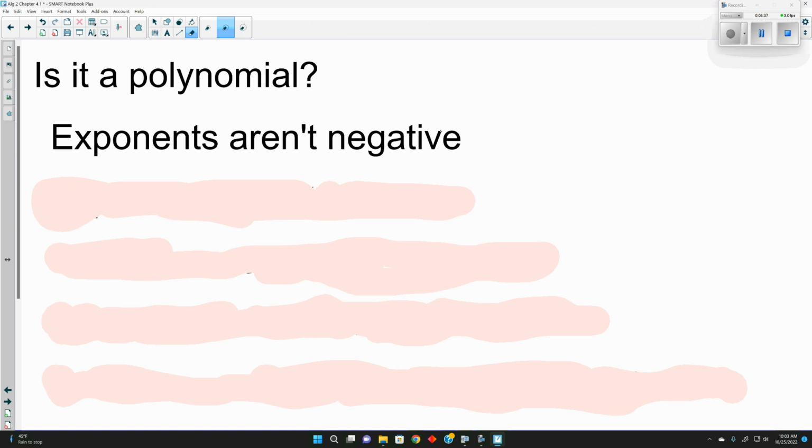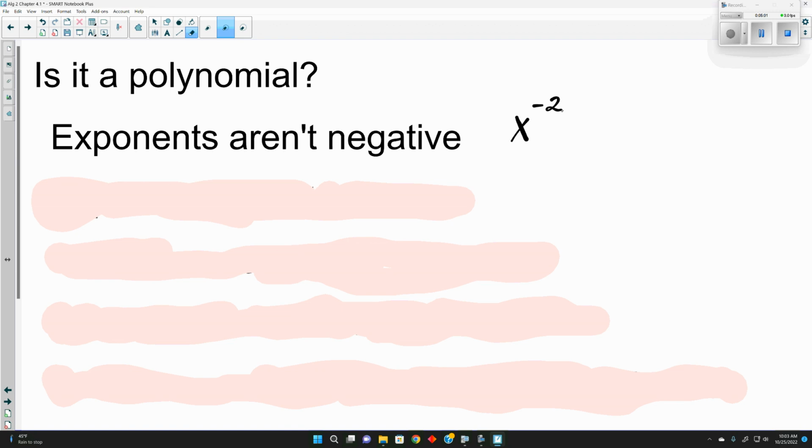We cannot have a negative exponent. So an example of that would be x to the negative 2. That would not be considered a polynomial function. That would actually classify it as a rational function.